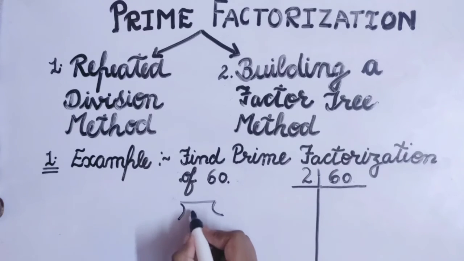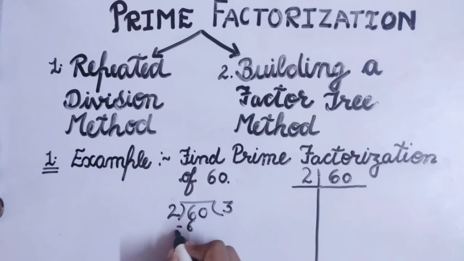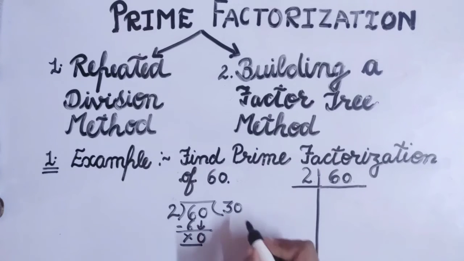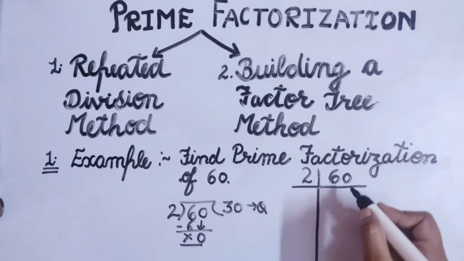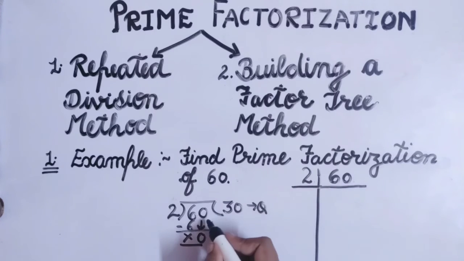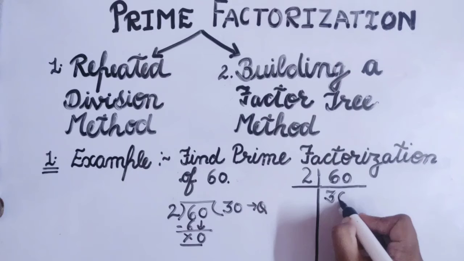Let's find out. 2 3s are 6. 0 will be carried down and the answer is 30. 30 is my quotient. Students, now what do we have to do with the quotient? We have to write the quotient below the dividend. 60 was our dividend, so we will write the quotient, 30, below it.